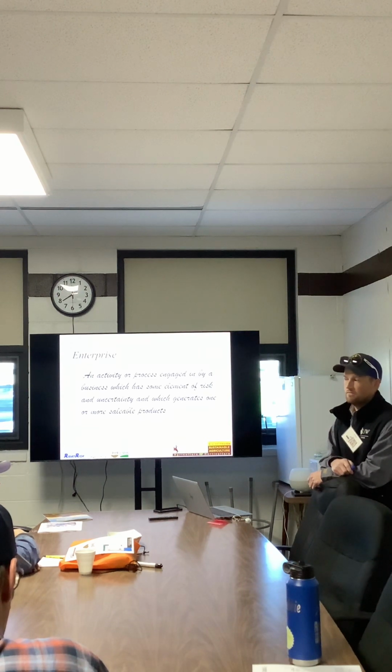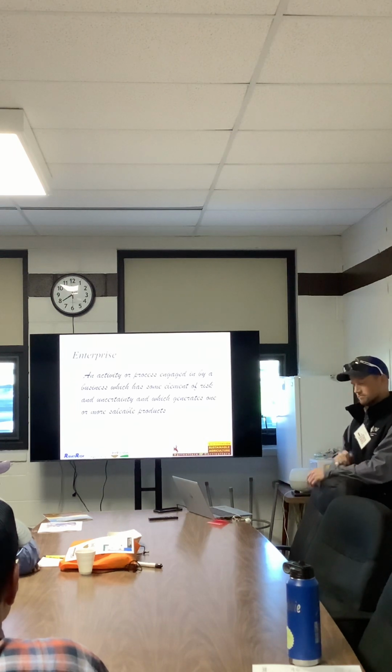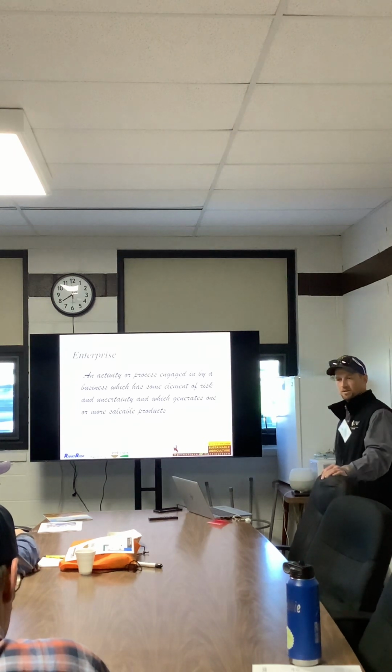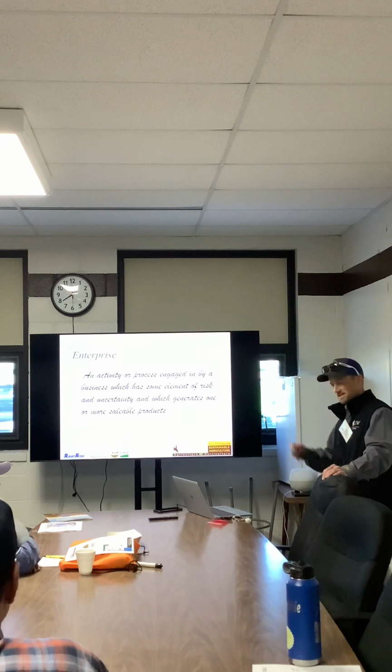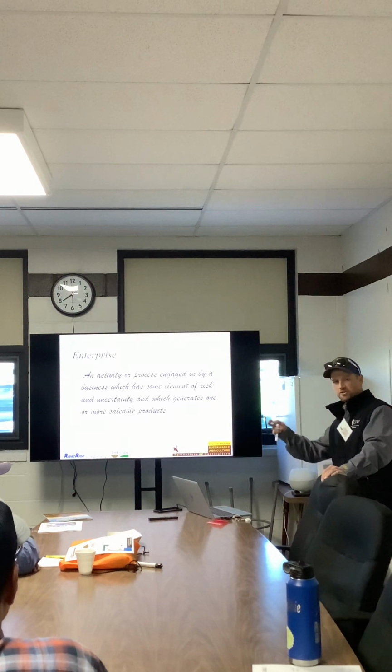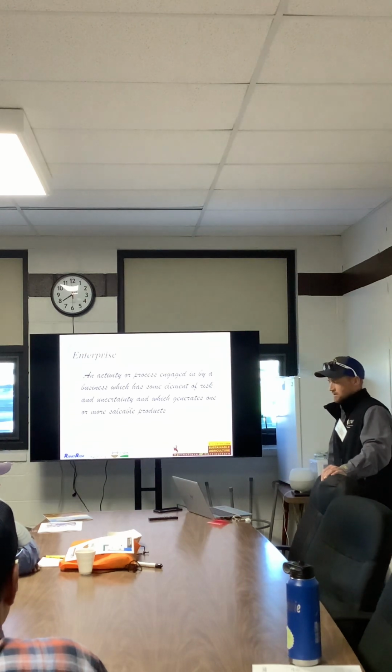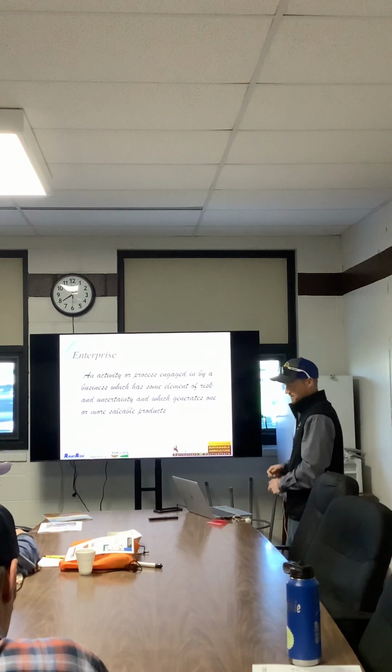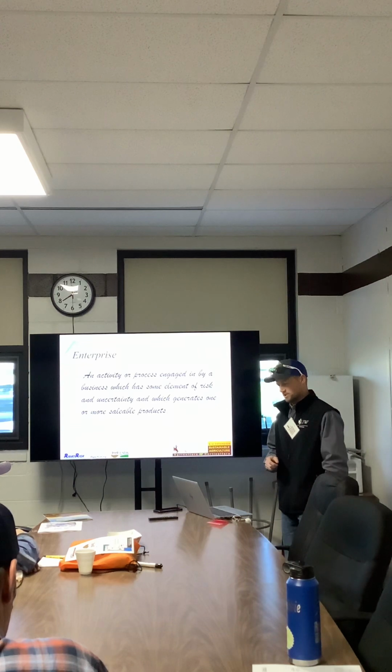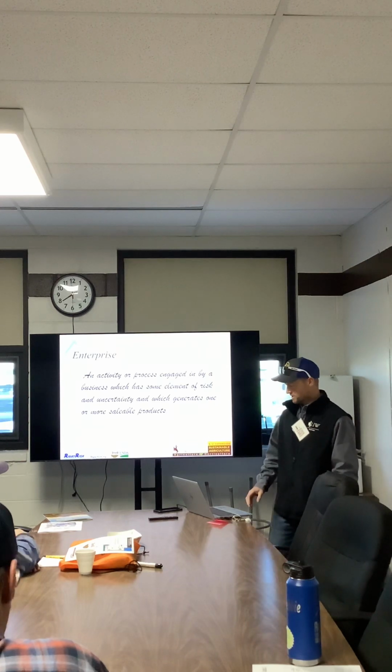And if you really wanna get into it, maybe you have horses, or maybe you raise mutton busting sheep, maybe that's part of your sheep enterprise. That would technically be a separate enterprise that you could create its own budget for. So, a process in a business which has some risk, which we all know agriculture has heavy risk, can generate one or more saleable products.